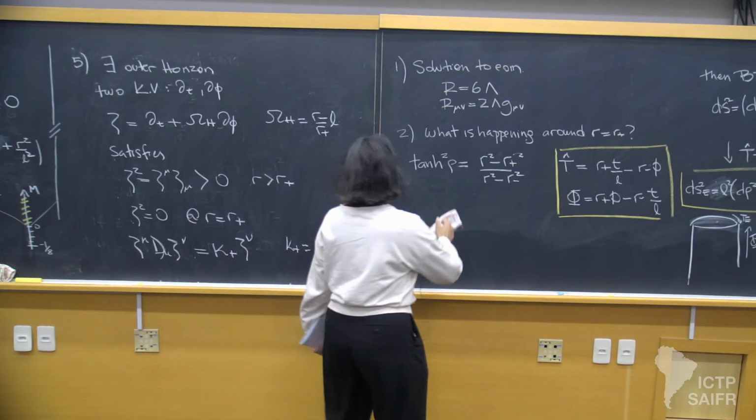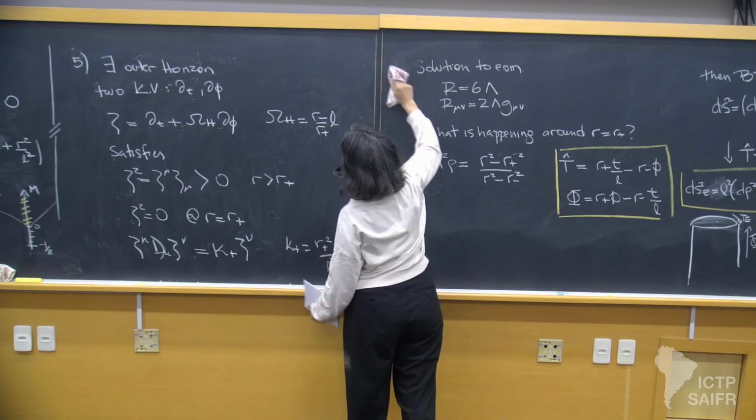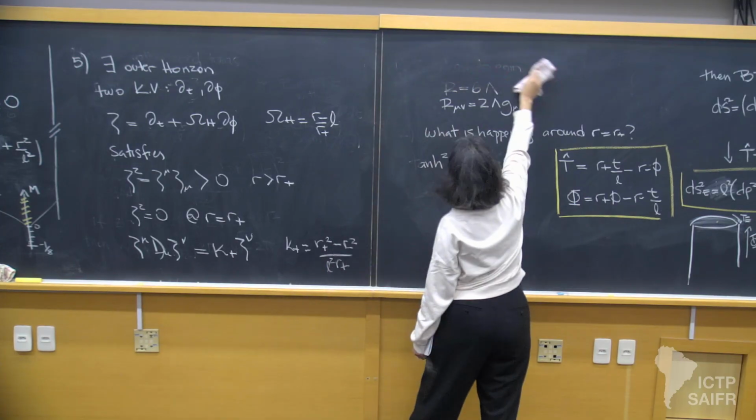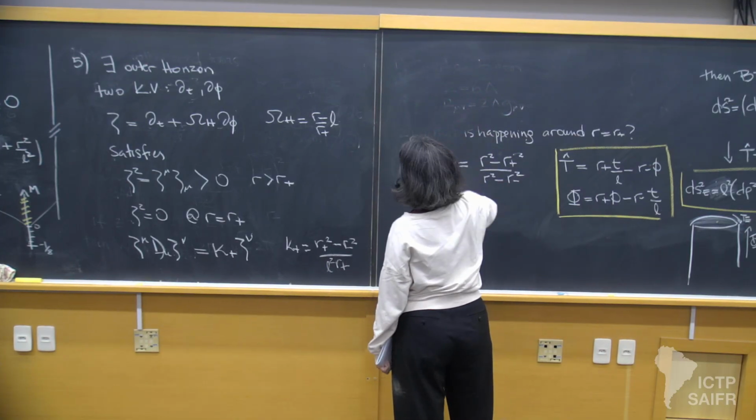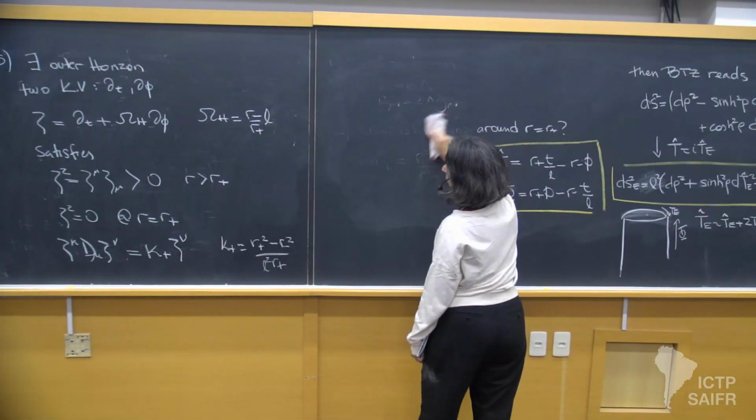So let me draw from that point of view, given that now we have realized that there was an outer horizon at r₊.